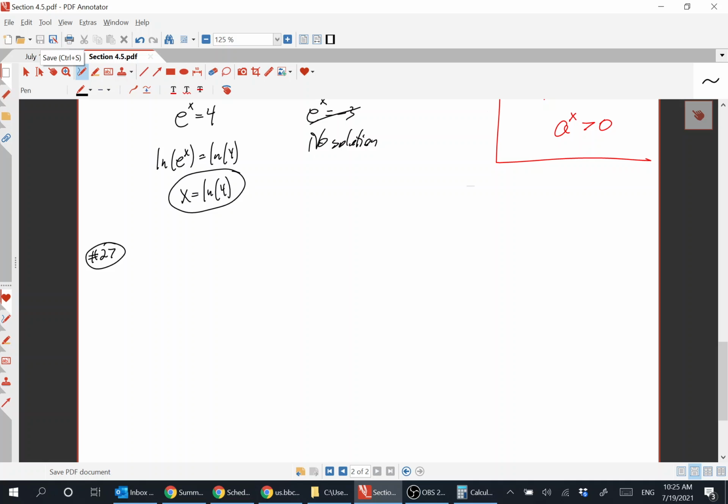It uses a log base 10. That's fine. So solve for x again: 4 times (1 plus 10 to the 5x) equals 9.